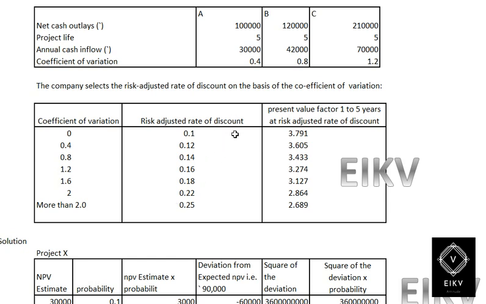So the risk adjusted rates will be starting 0.1, 0.12, 0.14, 0.16, 0.18 and 0.22, 0.25. Here the present values are 3.791, 3.605, 3.433, 3.274, 3.127, 2.864 and 2.689.